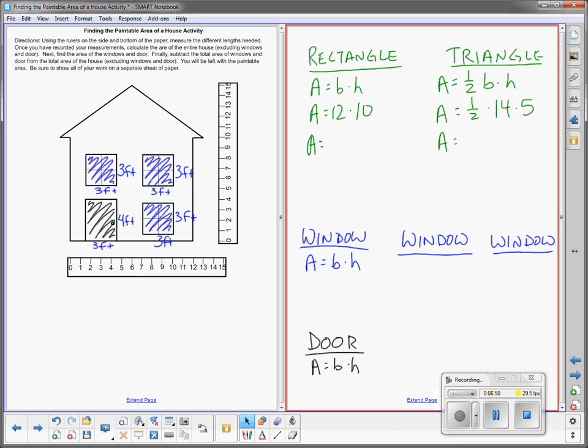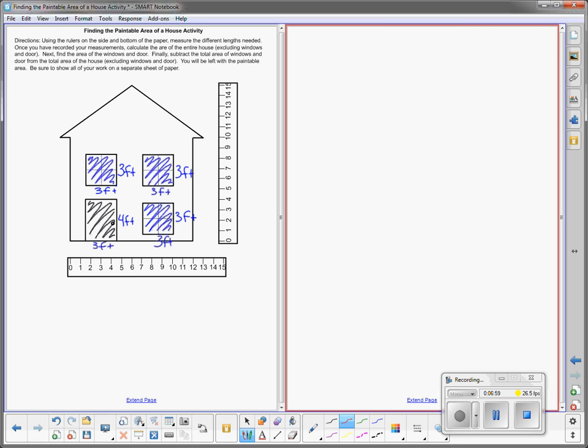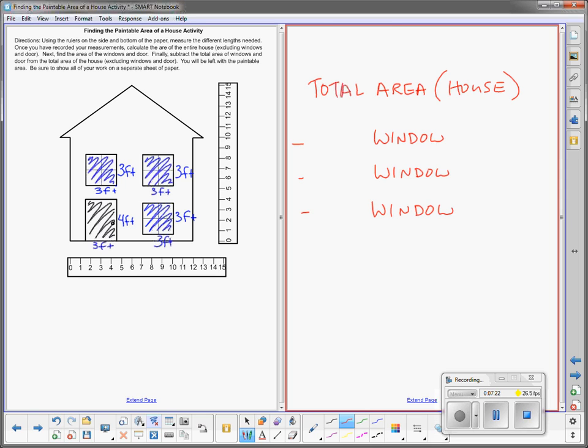Once I finally have finished finding all of the areas of the different pieces, I will take the total area of the house, and I will subtract each window and the door from that total, and that will leave me with the paintable area. And I hope this helps with your homework.